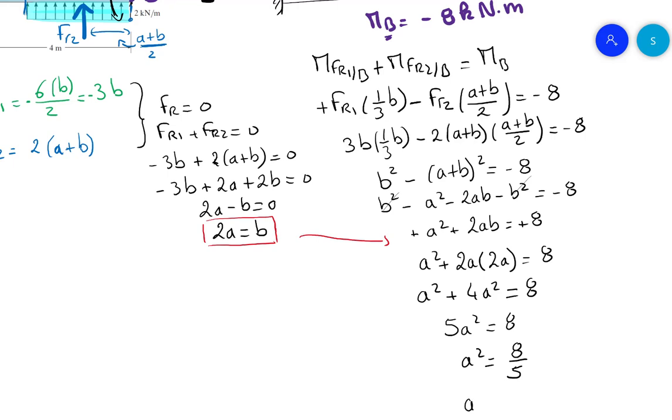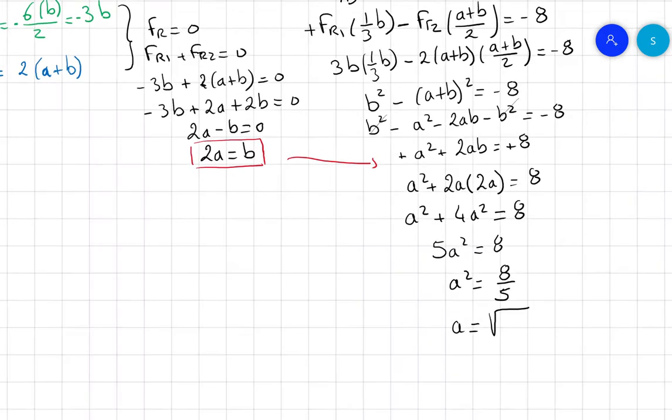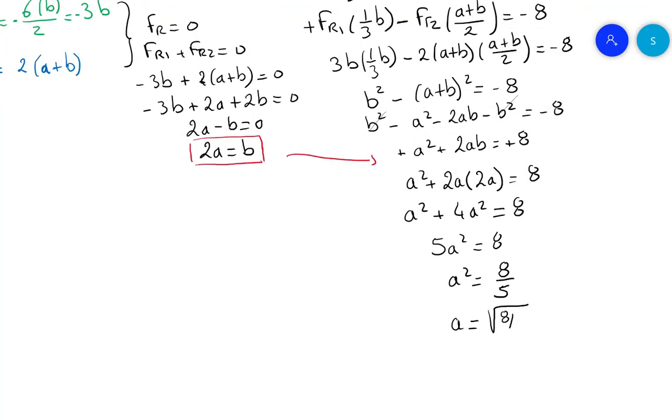And we have A equals square root of 8 divided by 5. Let me come back there. We got A equal, using a calculator to find this one, 1.26 meter.